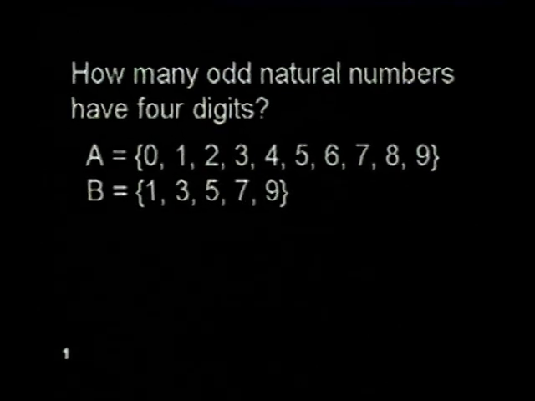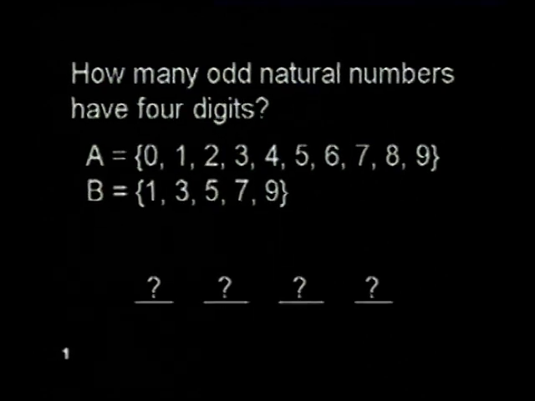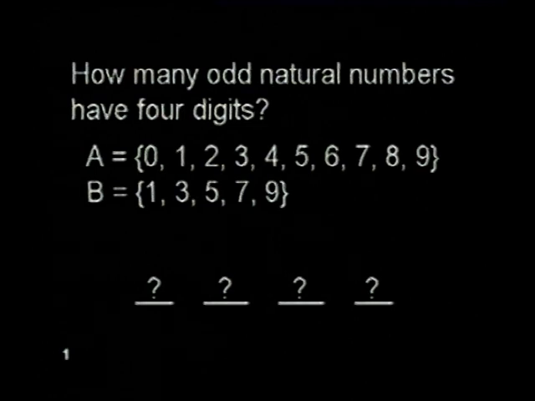Set B is the set of odd numbers from set A: 1, 3, 5, 7, and 9. Since we are solving for the number of odd natural numbers with 4 digits, we can set up a diagram like this. Each blank represents one of the 4 digits of the number.